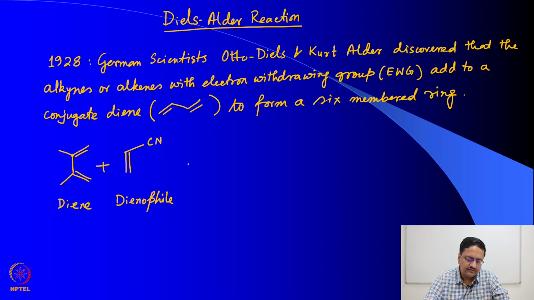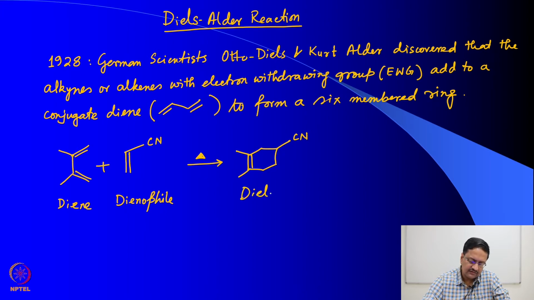So, when you heat these two compounds, we get a cyclic product as I am drawing here. This product is called the Diels-Alder adduct.